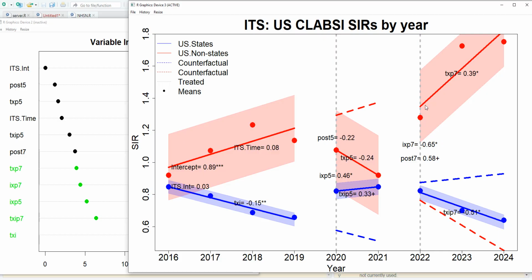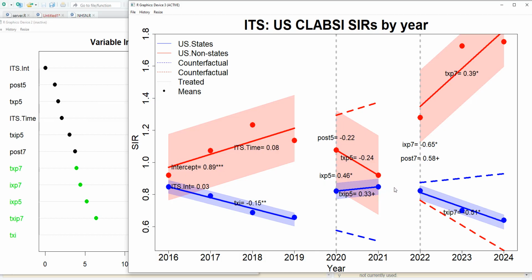Okay, so the difference between that about a 5-point decrease and the difference between, think about 0.75 and about 1.3. If you were to subtract our blue difference by our red difference, that comes out to negative 0.65.